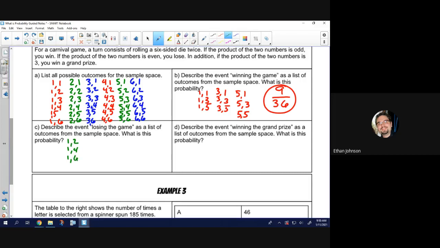That'd be all of the numbers from the 2 column. That'd be 3, 2, 3, 4, 3, 6. All of the numbers from the 4 column.